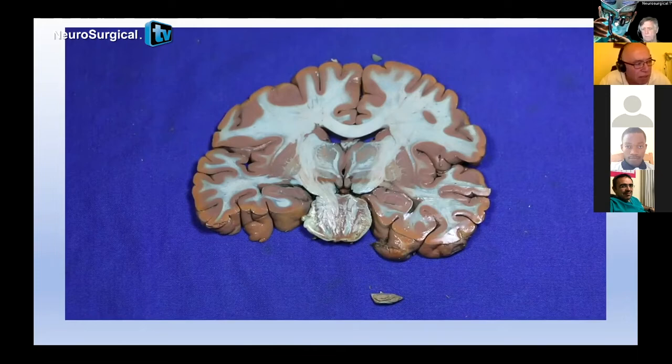It's not difficult to make this kind of staining, and you are going to learn very well the internal anatomy of the brain.